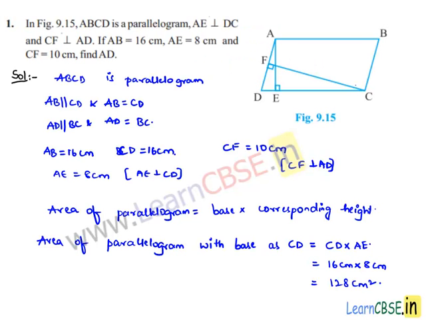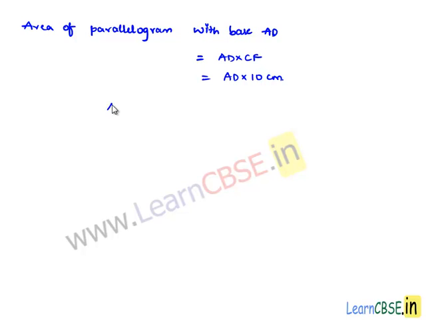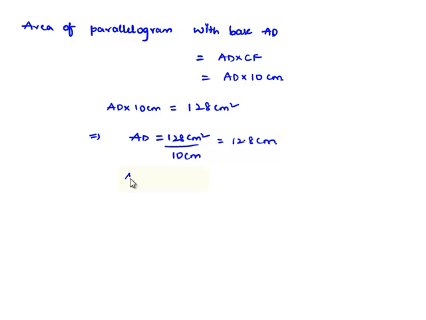The area obtained in both cases must be equal since it is the area of the common parallelogram ABCD, that is AD into 10 centimeters is equal to 128 centimeters square, which implies AD is equal to 128 centimeters square by 10 centimeters, which will be equal to 12.8 centimeters. Therefore, the length of side AD is 12.8 centimeters.